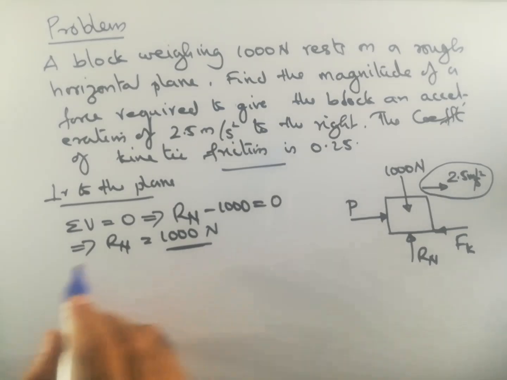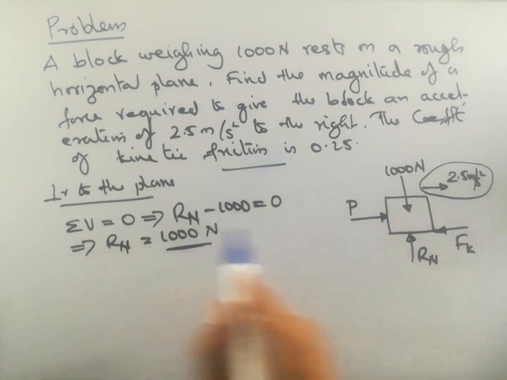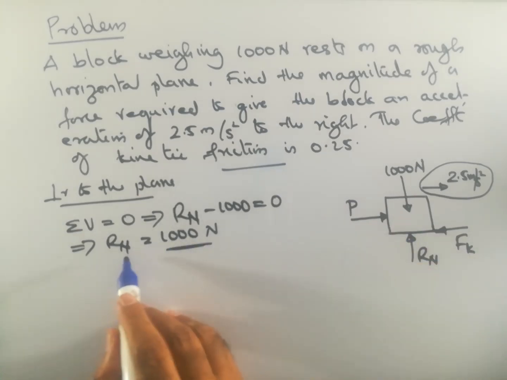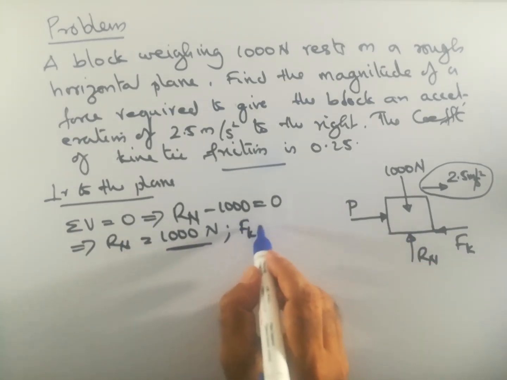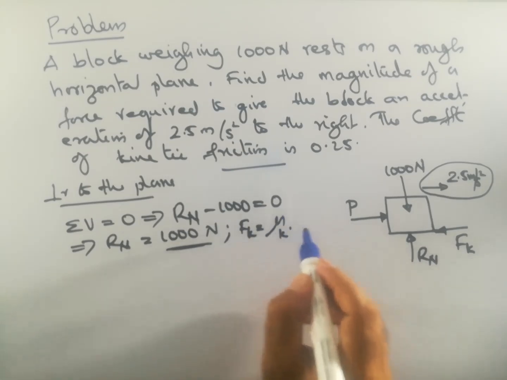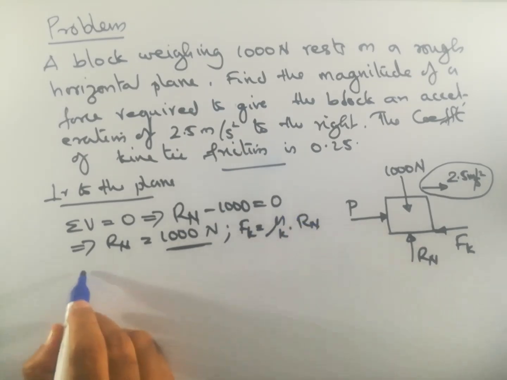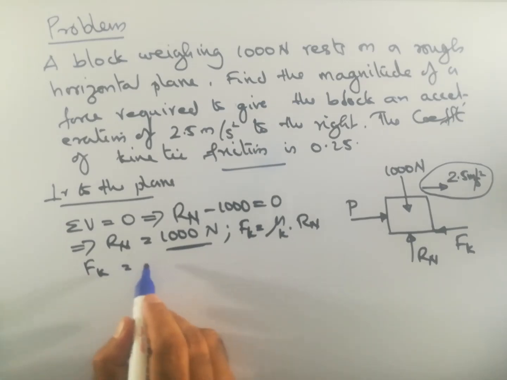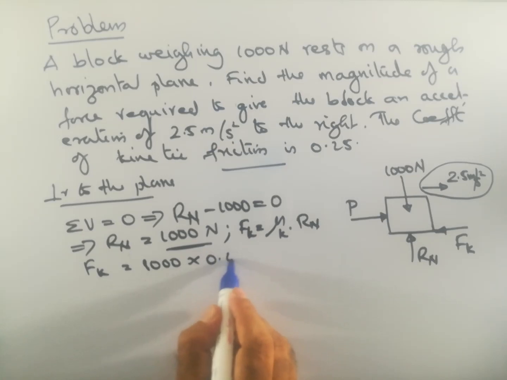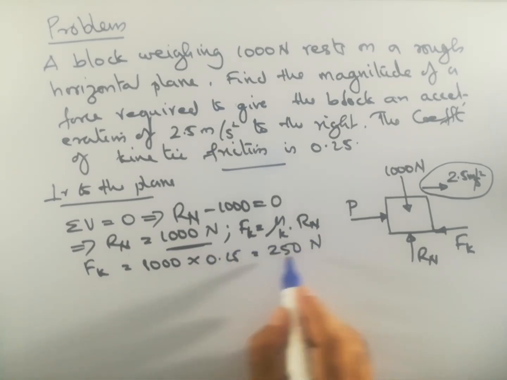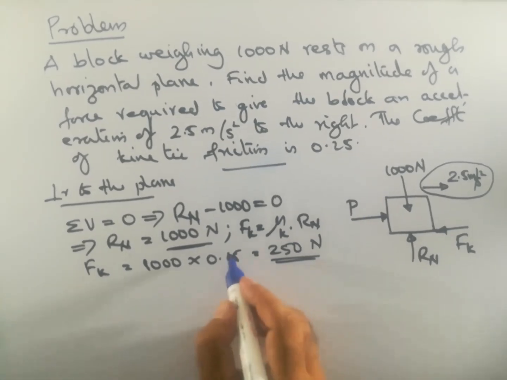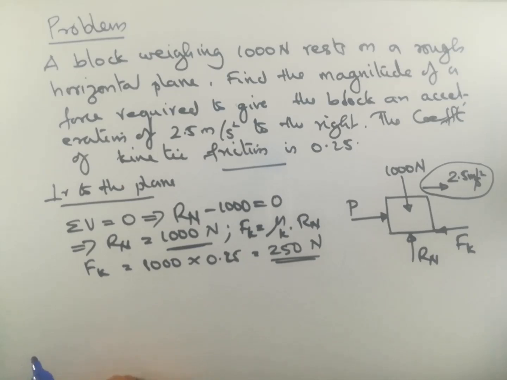Then, if Rn is 1000 Newton, Fk equal to mu k into Rn, or Fk equal to 1000 into 0.25, that is equal to 250 Newton. So Fk is equal to 0.25 into 1000 equal to 250 Newton.